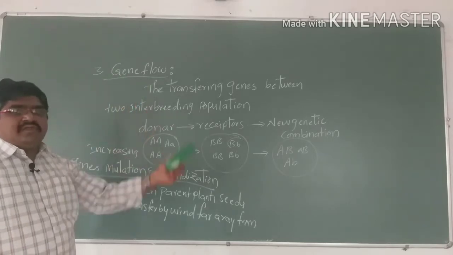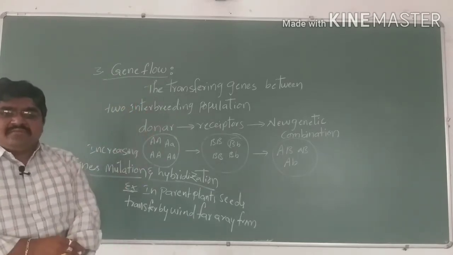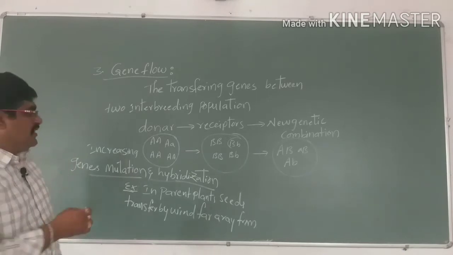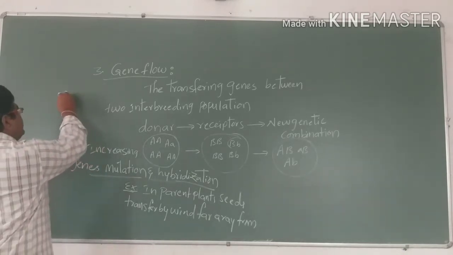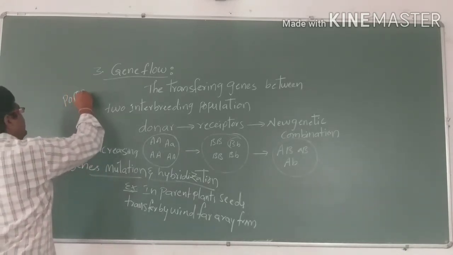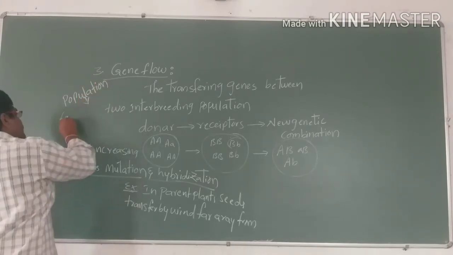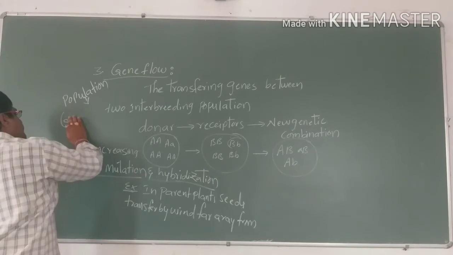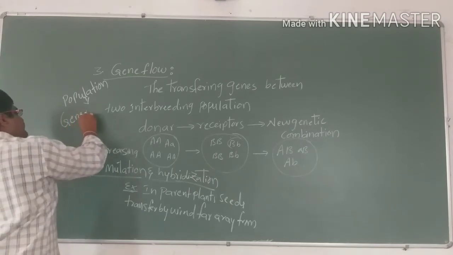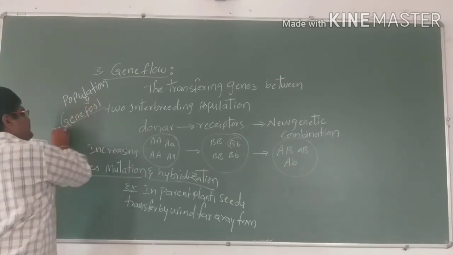Gene flow takes place in a population, and this population also consists of a gene pool. What does gene pool mean?